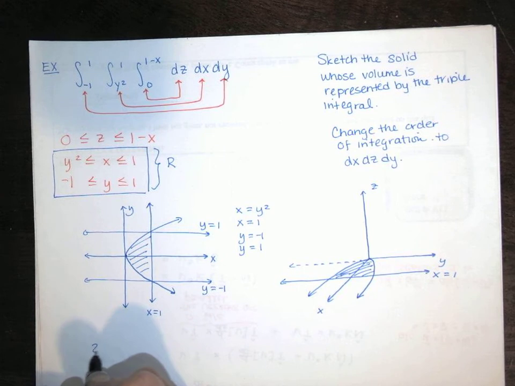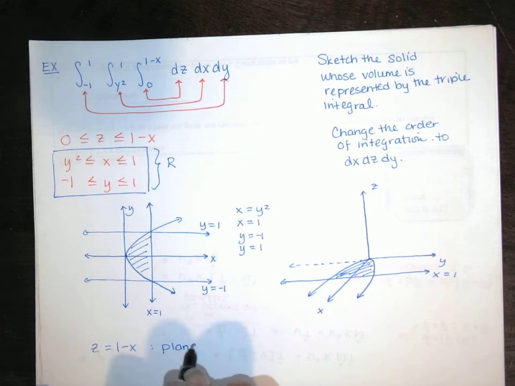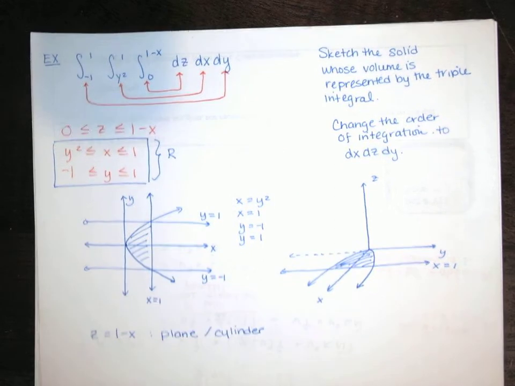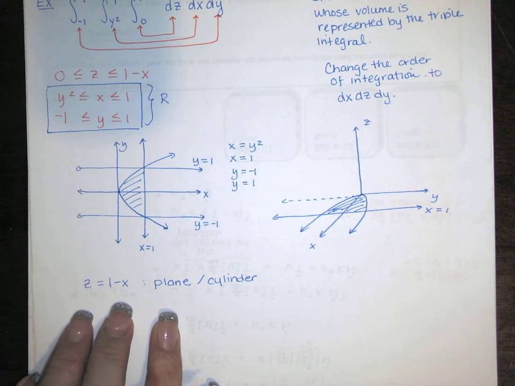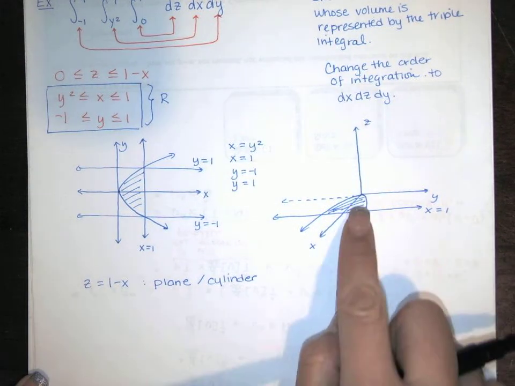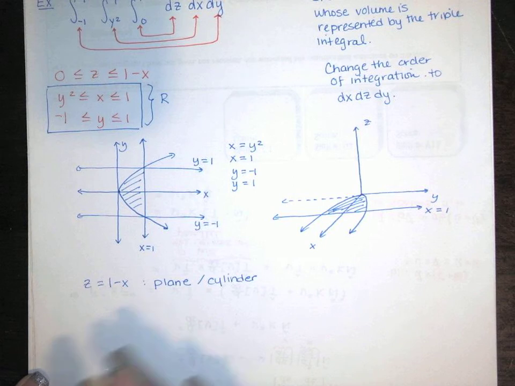Now z equals 1 minus x is a plane, but it's also a cylinder, because there's no y involved. So I can really think of this as the line z equals 1 minus x that you would see in the xz plane. And then remember that you're going to see that line over and over again infinitely many times because y can be anything.